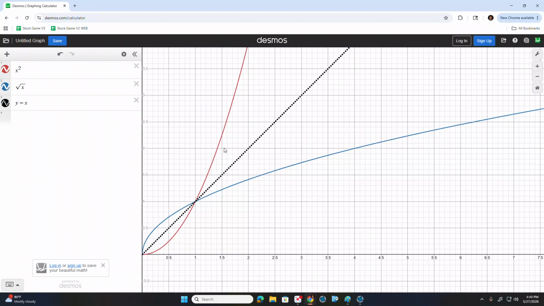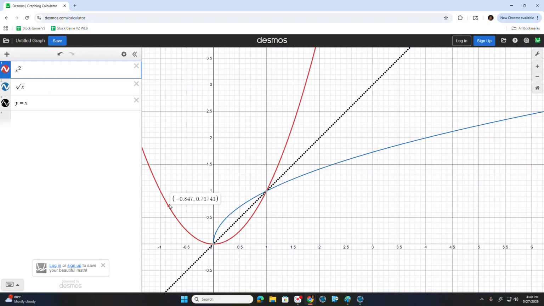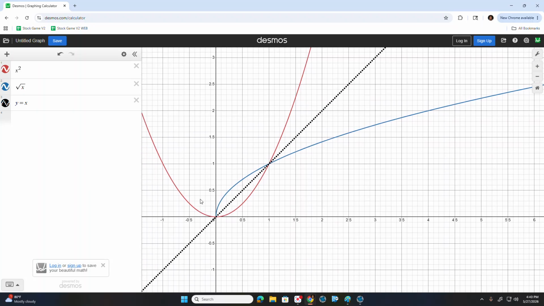Yes, they have that cool intersection point. But as we scroll out, where is this part over here? Well, the problem is that if we were to include this blue line in the parabola, we kind of rotated it, the thing that's over here would get mapped down here, which would cause this square root to no longer be a function.